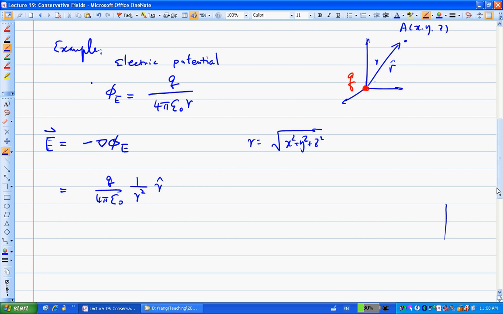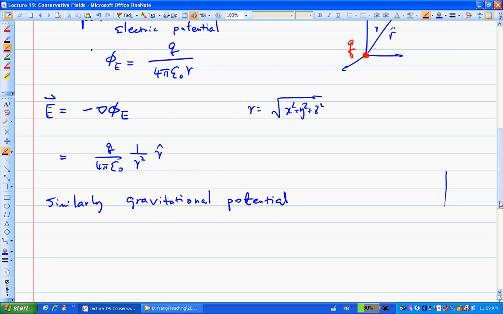So similarly, you can also have this for gravitational ones. So for the gravitational one here, your gravitational potential V is equal to negative G m over r.